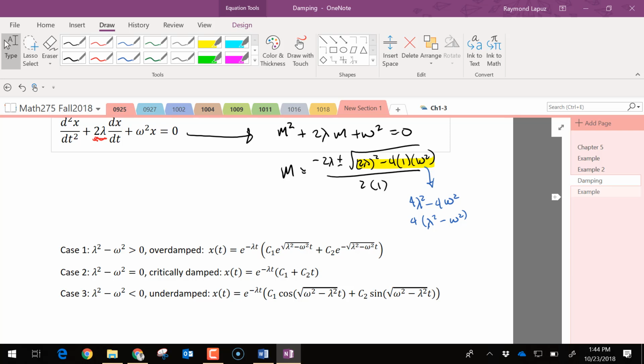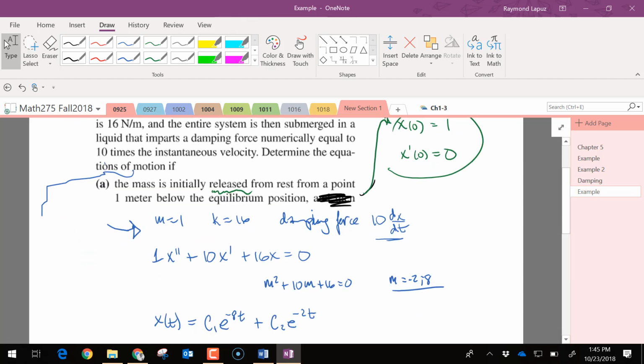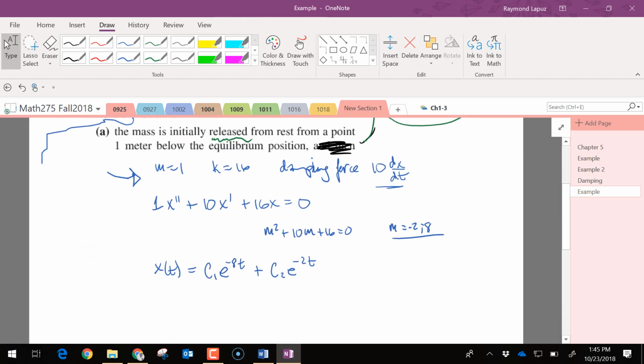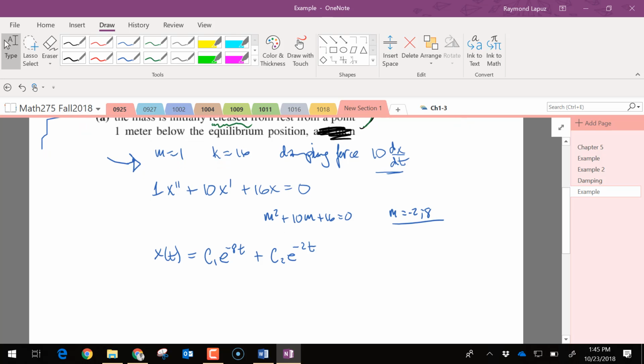It'll work out. So lambda is 5 and omega is 16.